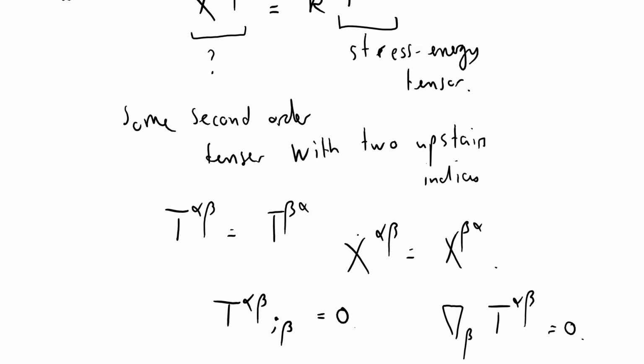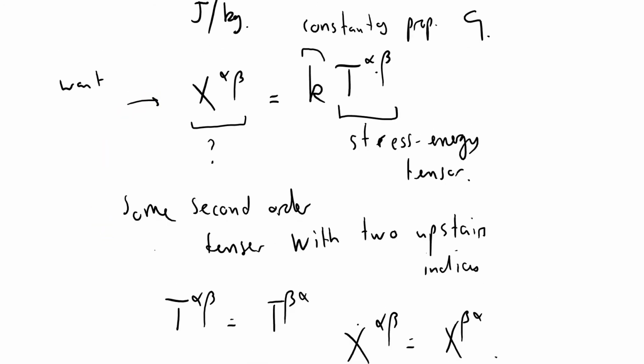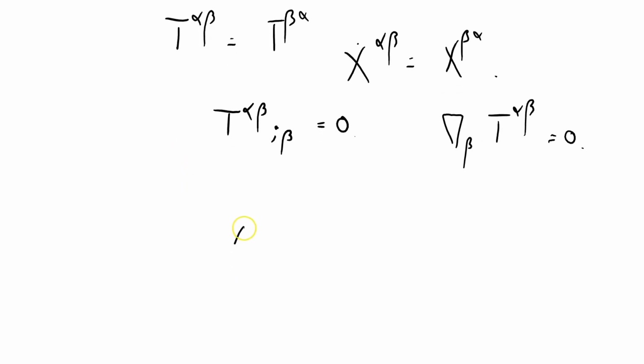Okay, so we know that the right-hand side of this equation here, I'll just write it out again because I'm running out of space here, X alpha beta, we don't know what X is, equals some constant times T alpha beta.